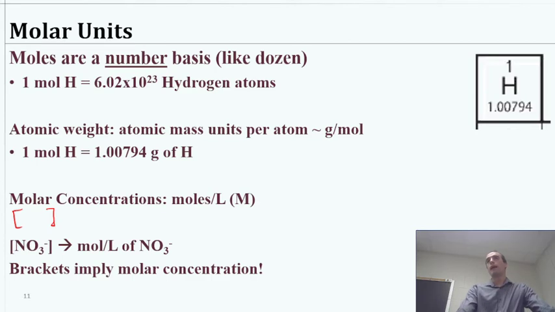So whenever you have the brackets, you must be in molar concentration, or if you're given something with the brackets, then you know that's molar concentration. So definitely remember that, especially as we get into some of the chemical equilibrium problems. It's very important that we're dealing with mole-to-mole or molecule-to-molecule relationships there.